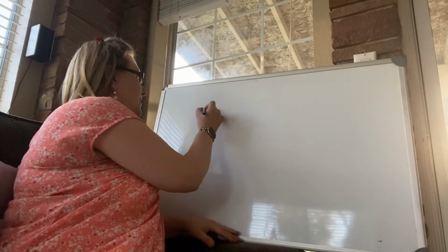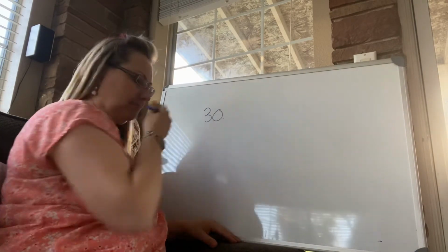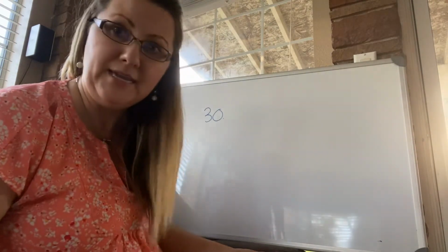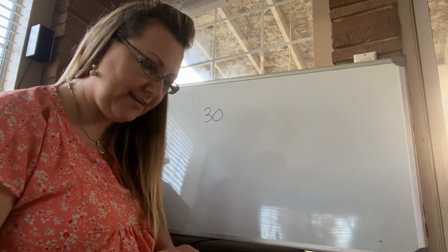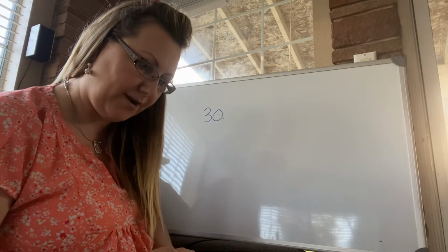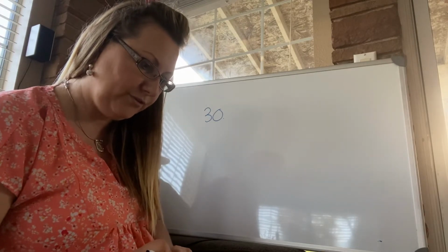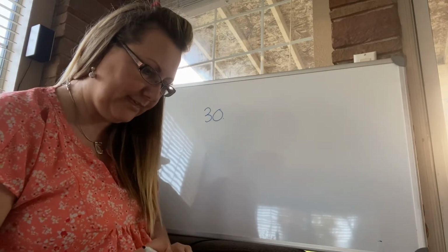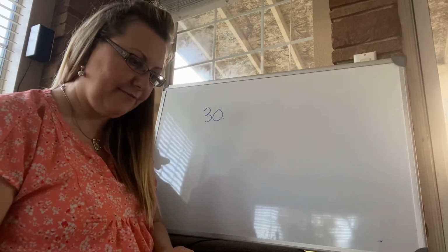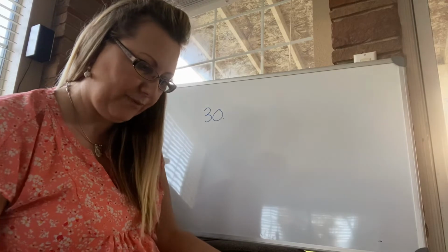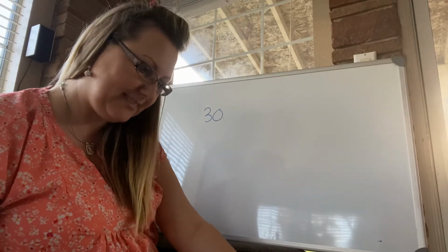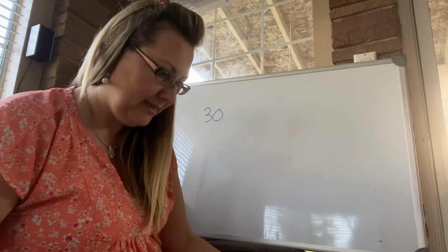Here we go. Number 30 says the table below is based on a survey about favorite flowers. Use the data in the table to make a double bar graph. Write one conclusion based on the graph. So let's see. If you look at your book, we have a list of 3 flowers: roses, daisies, and mums.